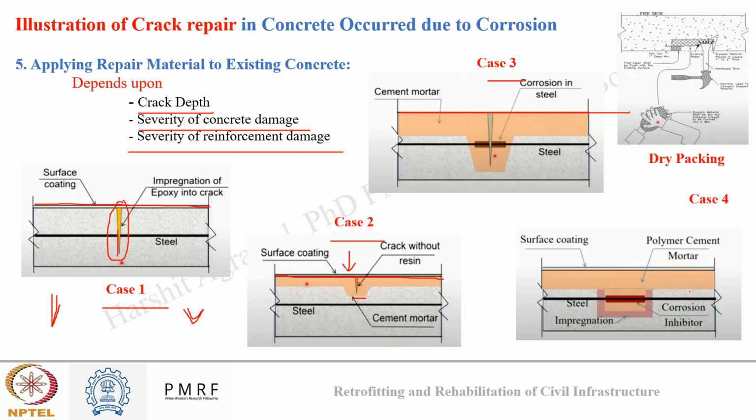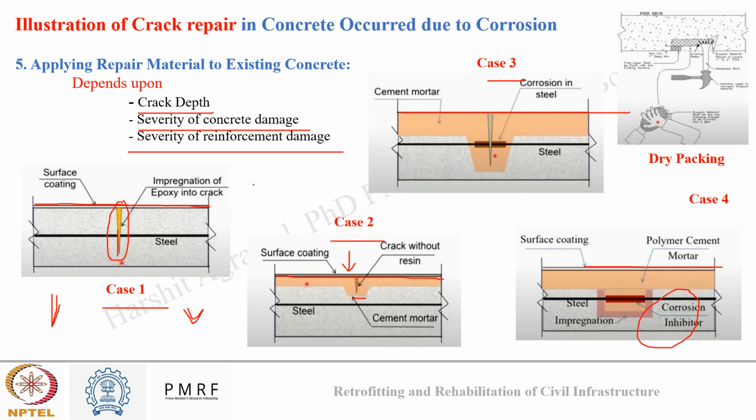This we will see later on. This part will come later on, so it will be clear to you how to choose that. And once we have applied the corrosion protection method over the rebar, we can then use repair material, maybe cement mortar, or better to go with polymer modified mortar, and then we can surface seal the concrete.